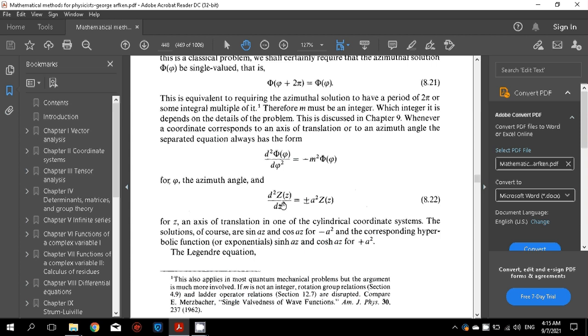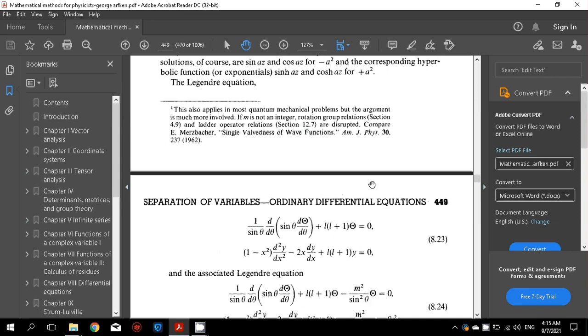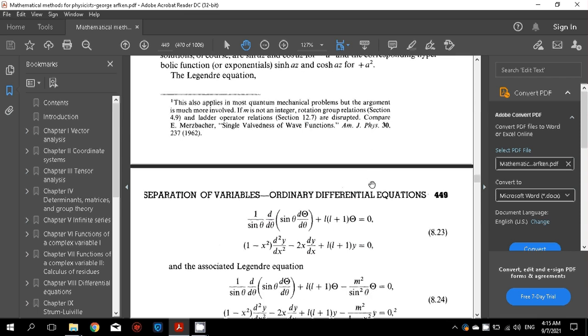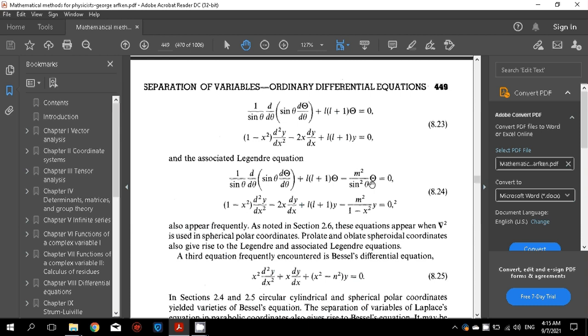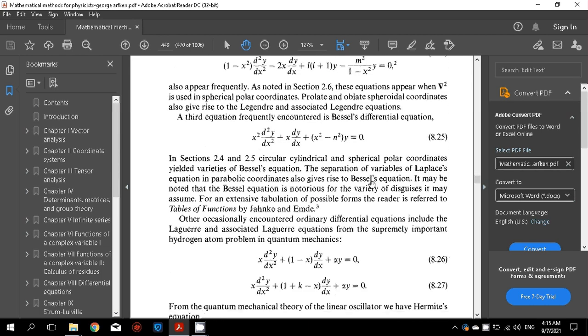And similarly, if you are dealing with Cartesian coordinates, it will show up like this. And the theta part of the equation is written here as equation 8.23, and the previous equation was the phi part, and then the radial part of this equation will also be seen here.